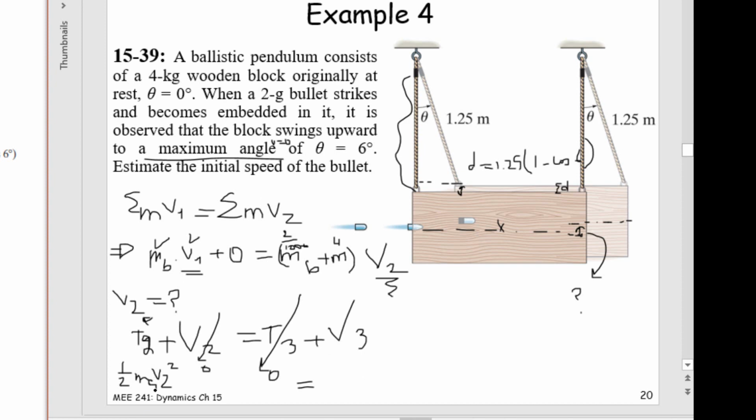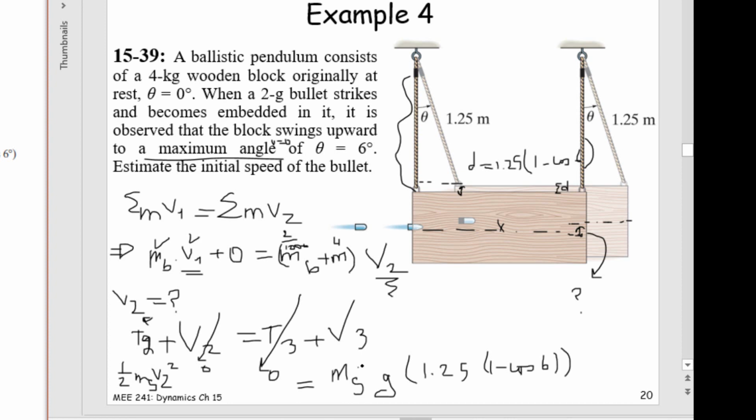Let's call this ms: half ms V2 squared is equal to ms g times h, and h is 1.25 times (1 minus cosine 6). Of course, what is ms?